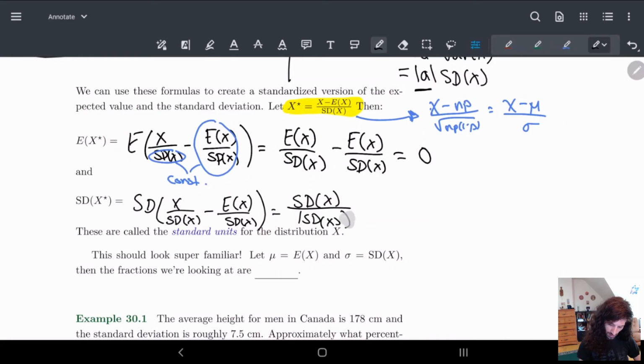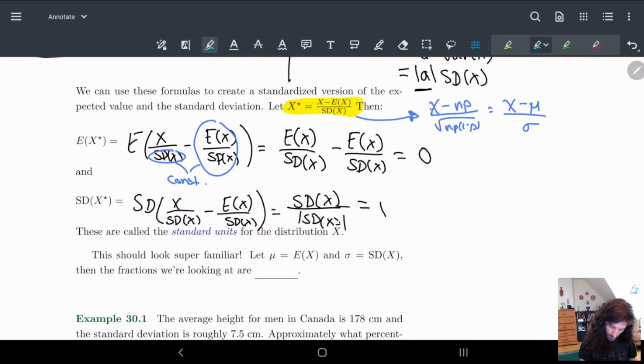Now the SD of x is always positive, so in other words, this is always just going to give us 1. So the standard deviation, and in particular the variance as well, is equal to 1, which is pretty cool. And so this x star is basically called the standard units.